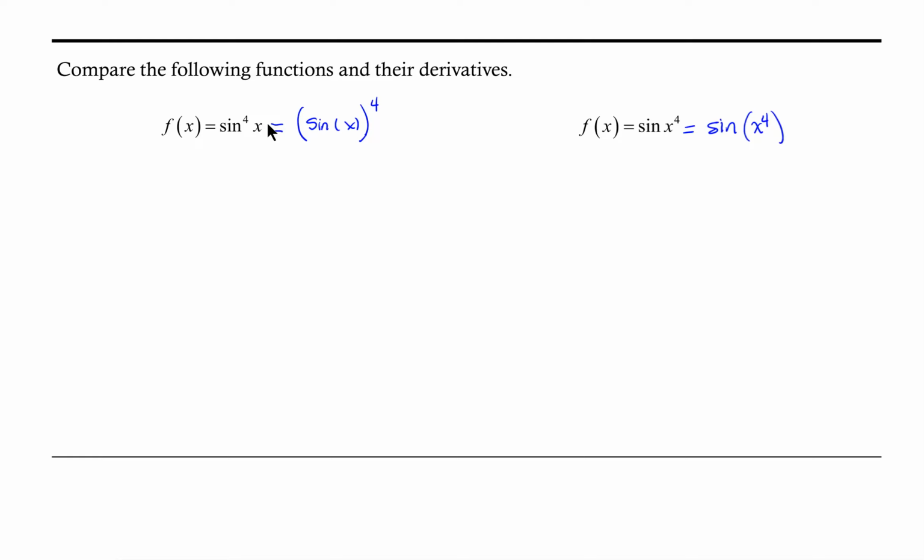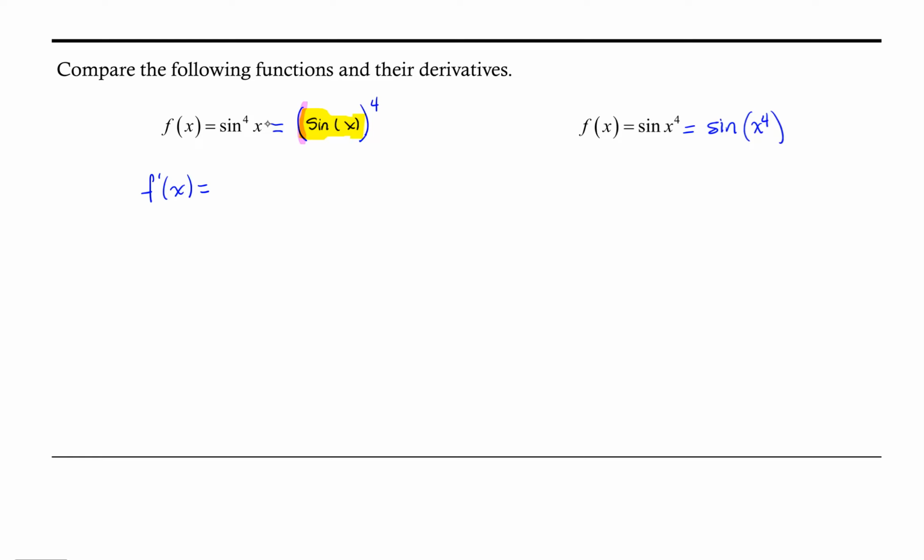So in looking at our function on the left, f prime of x is going to be, so the argument to the function, or the inner function, is this sine function. So what we want to focus on in terms of finding our derivative here is that we first need to know what that outer function is.